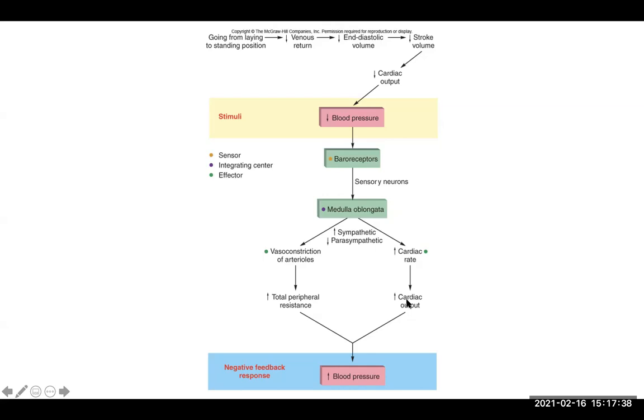Last, you're going to have more norepinephrine on the alpha 1 receptors of your arterial smooth muscle, which will cause vasoconstriction and increase your total peripheral resistance, which will also increase your blood pressure. The changes in CO and the resistance then all lead toward an increase in blood pressure.